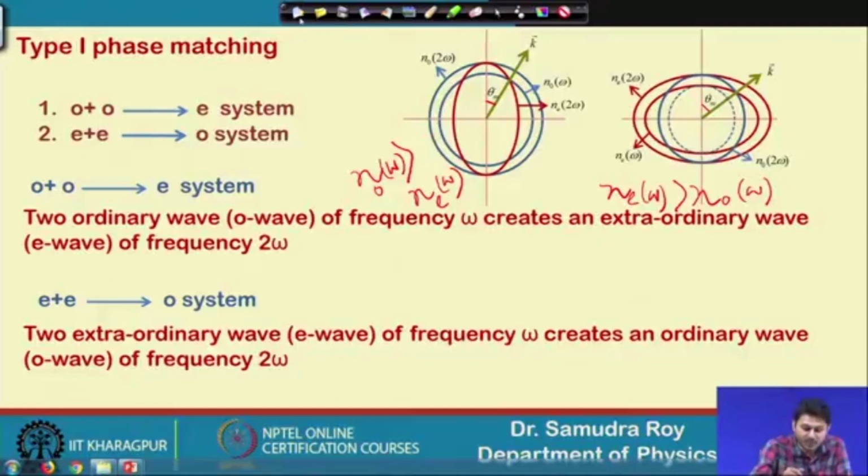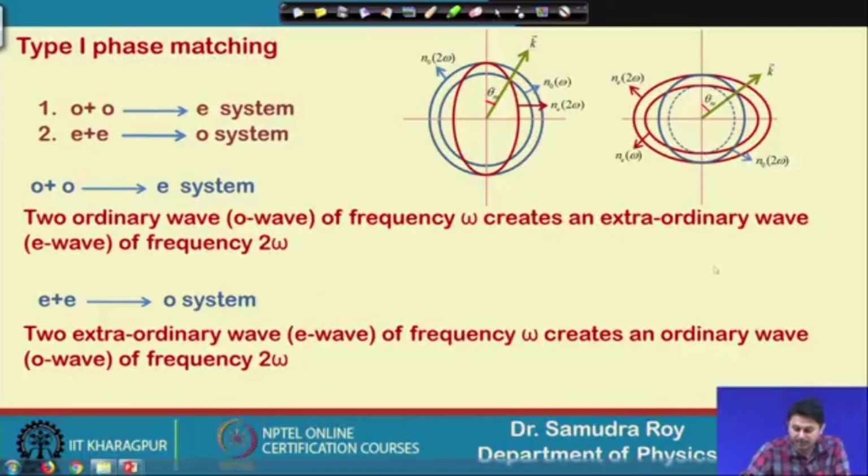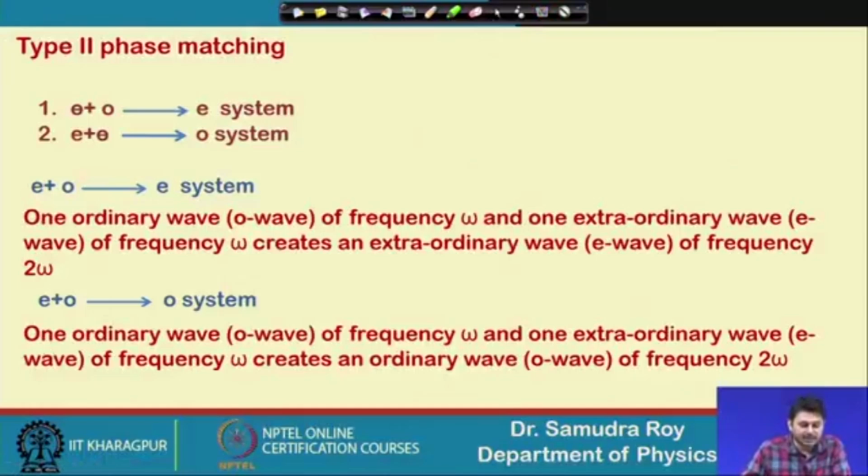Apart from that, there is a possibility that we can combine these things. That means, instead of two ordinary waves, if you see carefully here, we have one extraordinary wave and one ordinary wave that can generate one extraordinary wave.